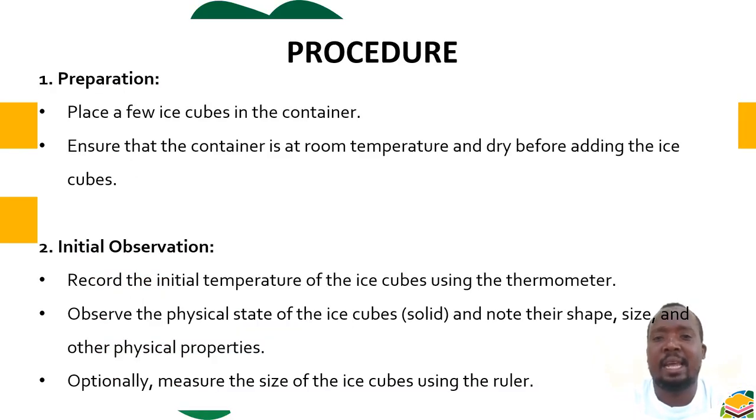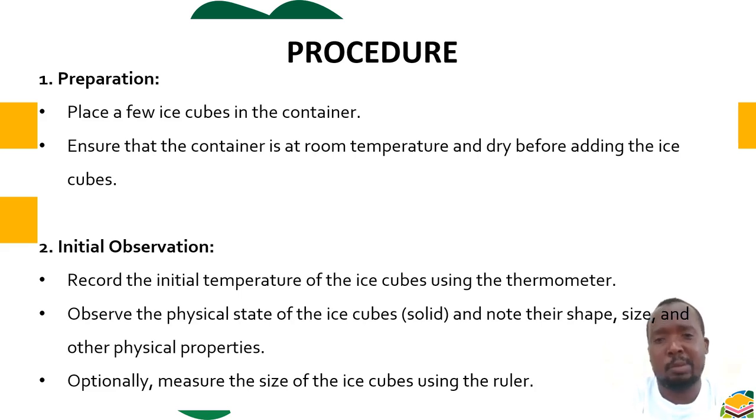The procedure is, first of all, preparation. In preparation, we place a few ice cubes in the container, and we ensure that the container is at room temperature and dry before adding the ice cubes. For the initial observation, you are supposed to record the initial temperature of the ice cubes using the thermometer.